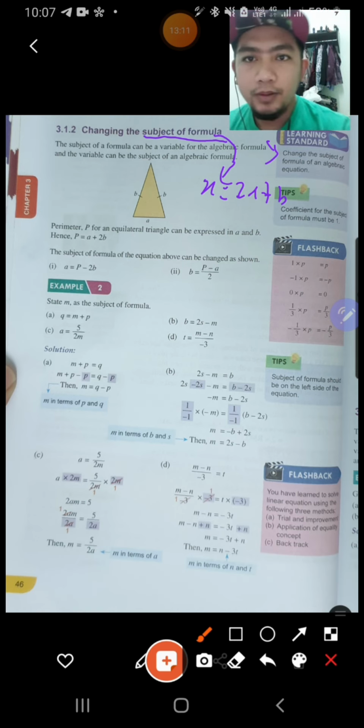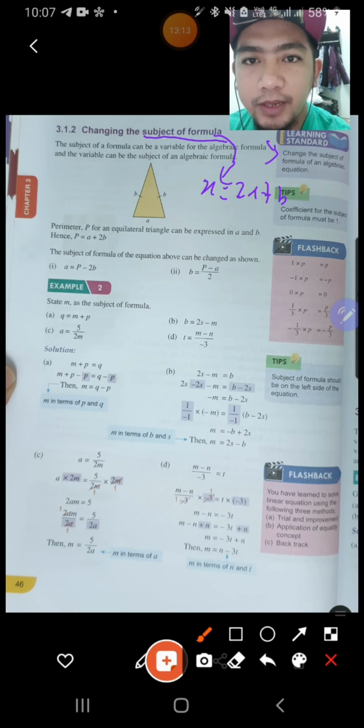Alright, so the subject of a formula can be a variable for the algebraic formula, and the variable can be the subject of an algebraic formula. Focus on these sentences.